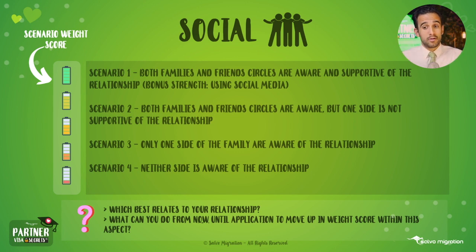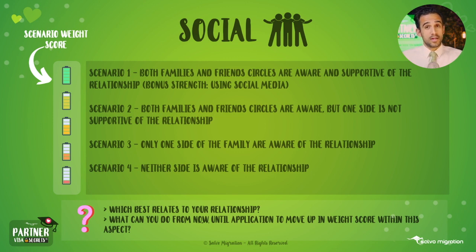And I'm going to talk about the pyramid analogy in terms of who to get statements from in a minute. So, scenario 2 logically isn't as well weighted as scenario 1 because it influences the types of documents you'll be able to get. Scenario 3 is only one side of the family are aware of the relationship.